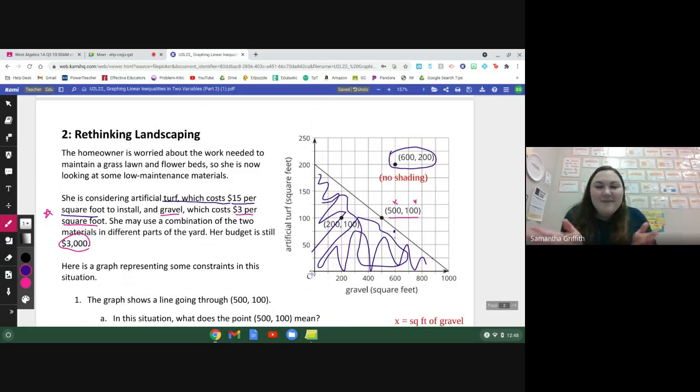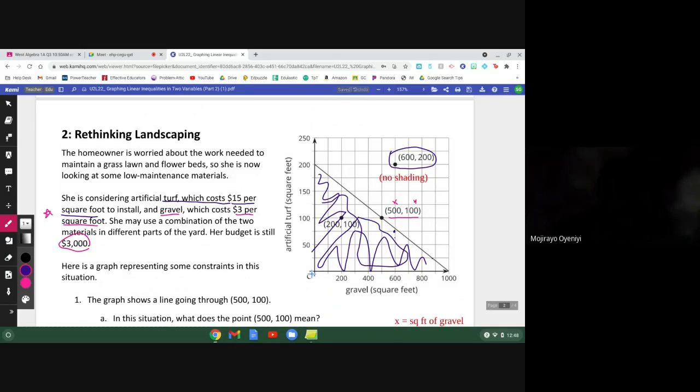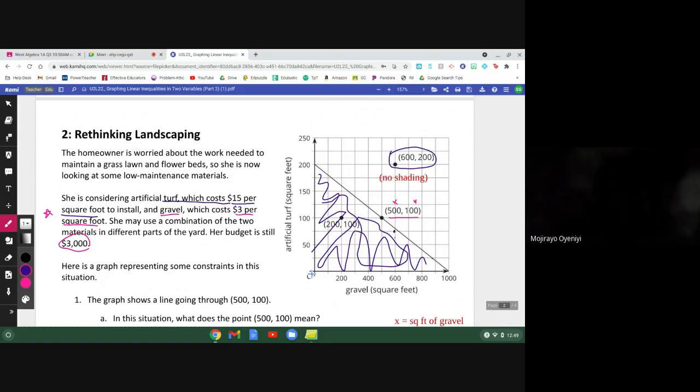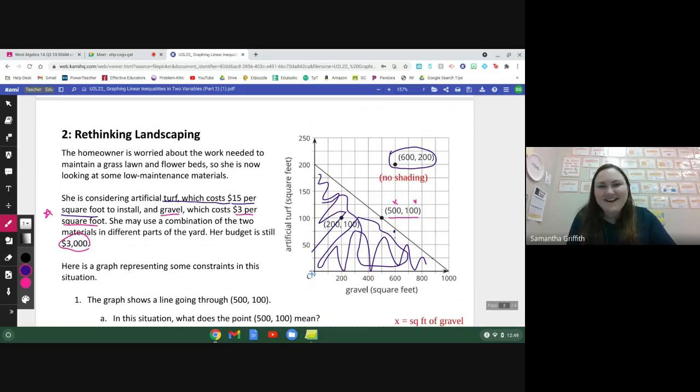It's a combination of the price of the gravel and the turf, all the money spending is not above the constraint, is within the budget or equals to the budget. So yeah, it's not above the budget. It's either equals to the budget or within the budget. You got it.